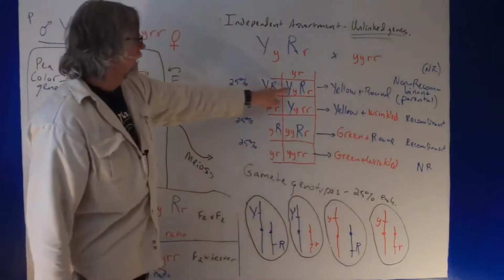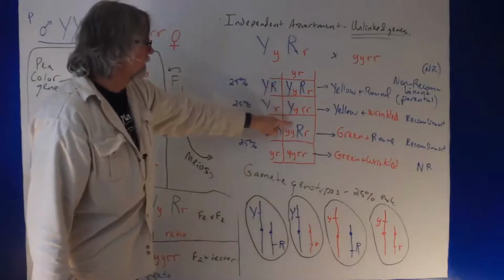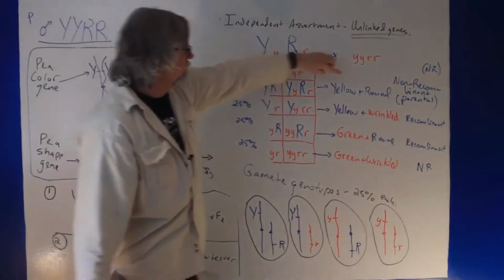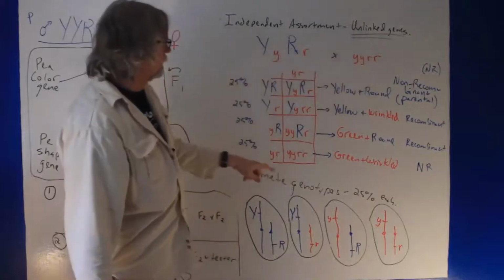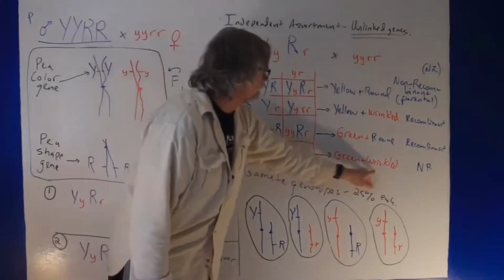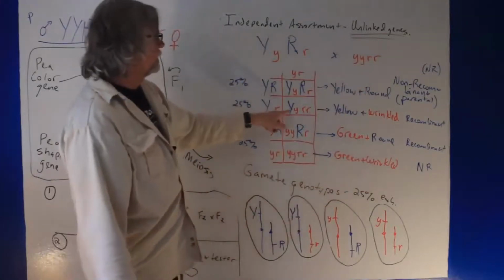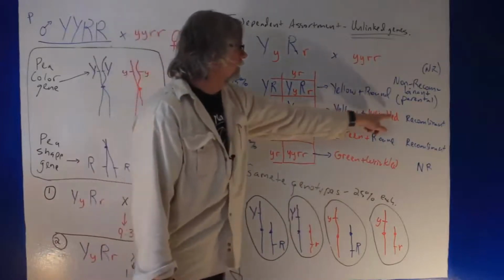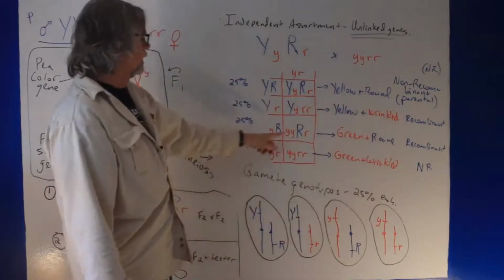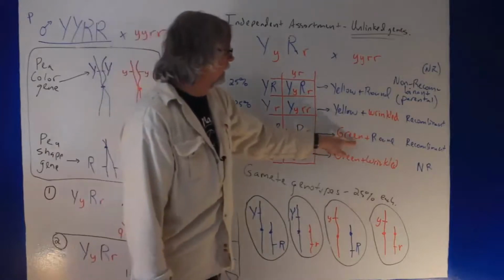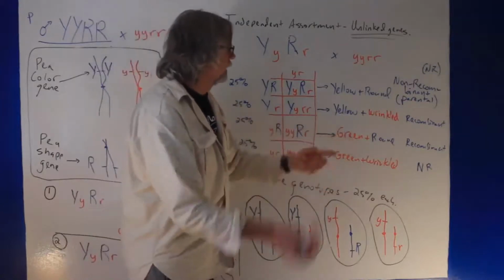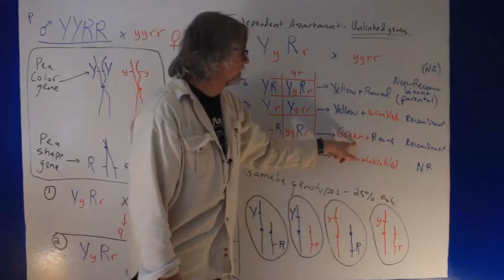The offspring that you get are also going to be 25% each: 25% showing both dominant traits, 25% showing both recessive traits, 25% showing one dominant, yellow, and one recessive, wrinkled, and 25% showing the opposite combination of one dominant and one recessive, green and round.